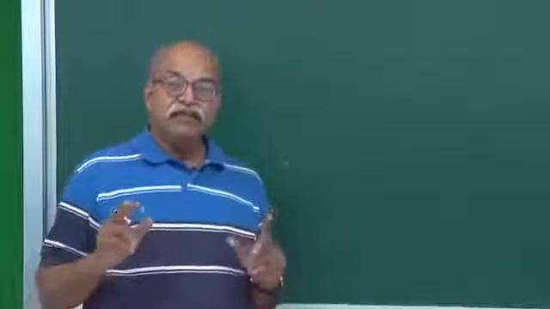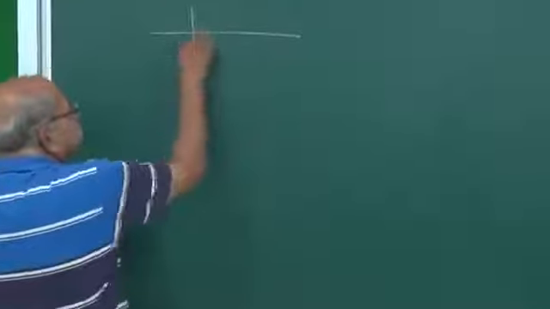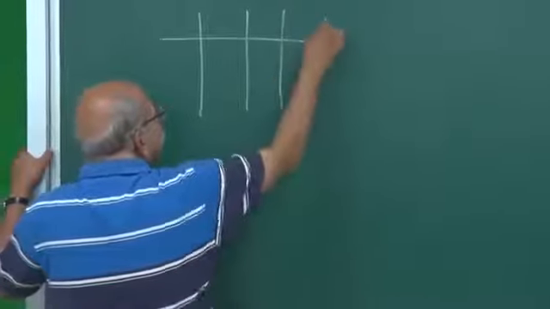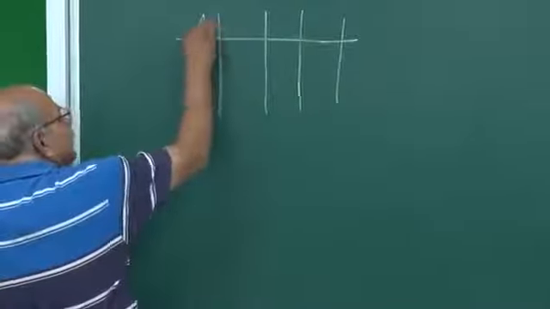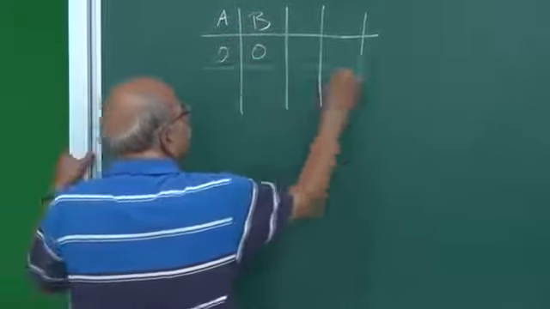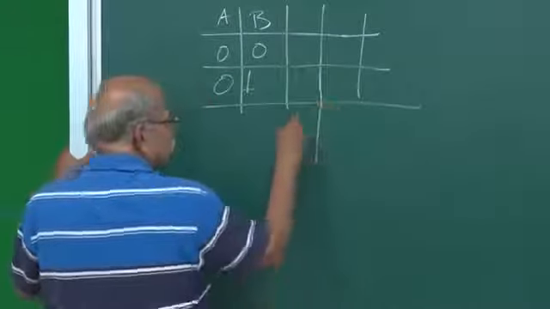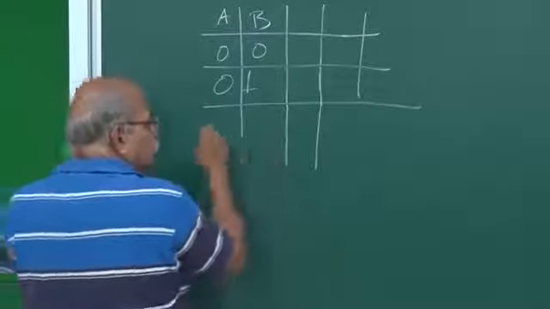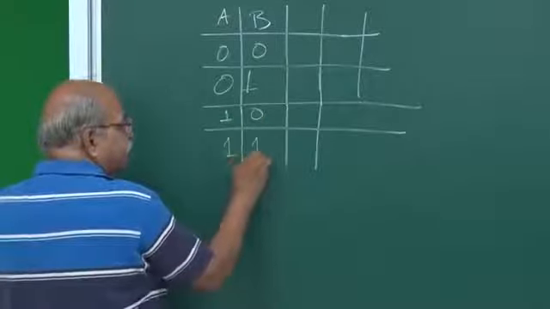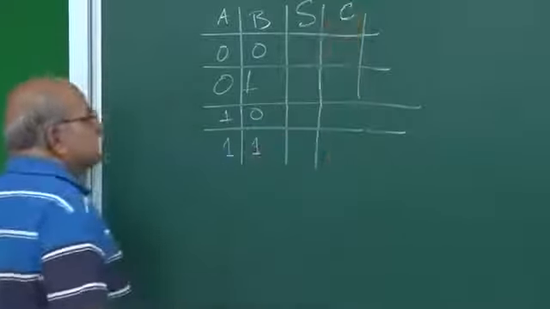So, when you add two binary digits, you have two output results, and let us say this is A, this is B. It can be 0 0 or 0 1 or 1 0 or 1 1, and then you have sum and then you have carry. Okay.